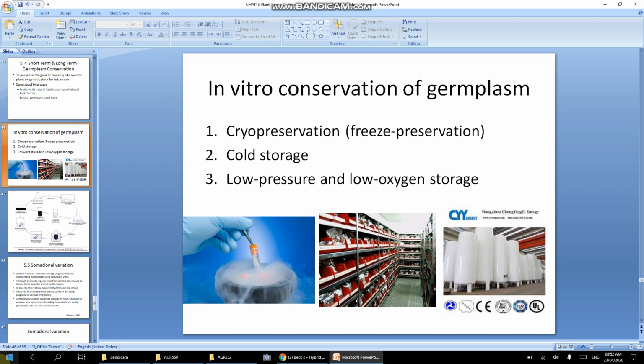You can take a look at the first figure here. You can see vapor, something that has smoke in it. Actually, that is liquid nitrogen. It has a temperature of minus 198 degrees Celsius. Everything that goes into liquid nitrogen will be cryopreserved. It will be very, very cold. You also have cold storage in a big fridge, and then you have low pressure and low oxygen storage.